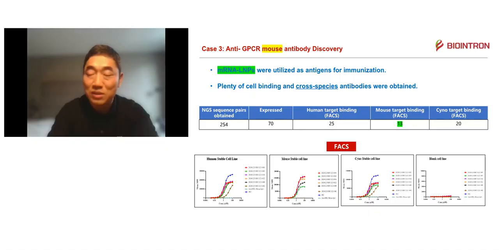It took me, believe it or not, 5 years, but finally I only got a few hits, and I used hybridoma. So that's why hybridoma, as we said, is low efficiency, time-consuming, and works very badly for some challenging targets.